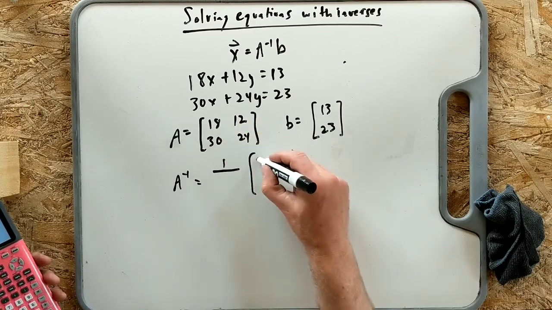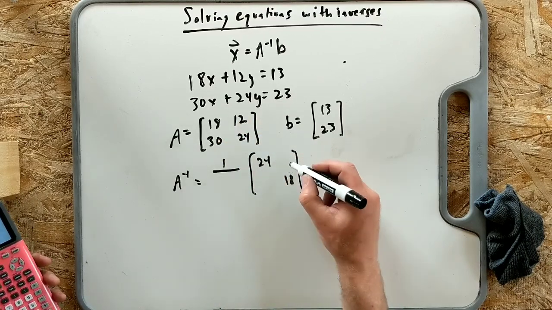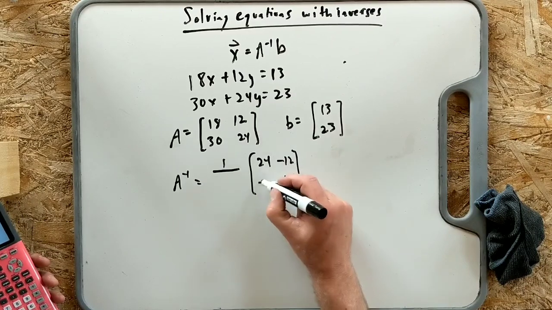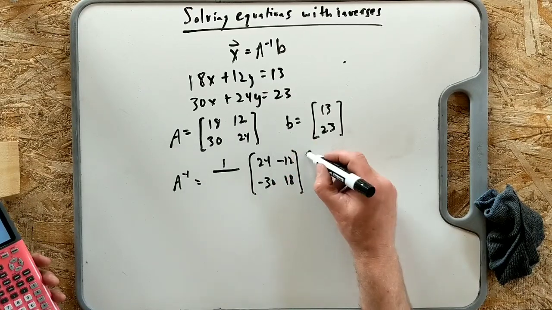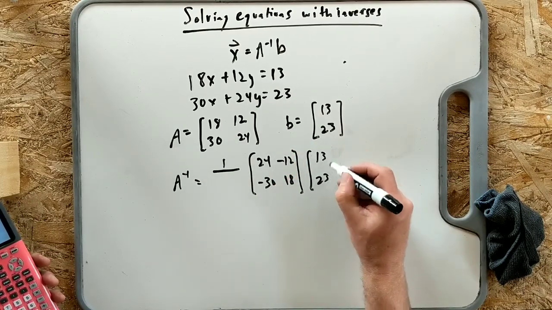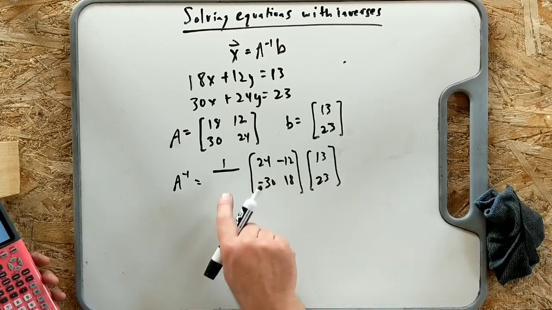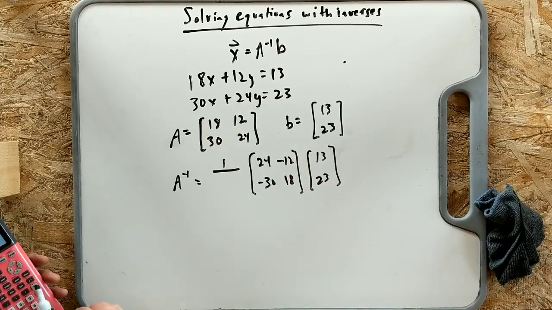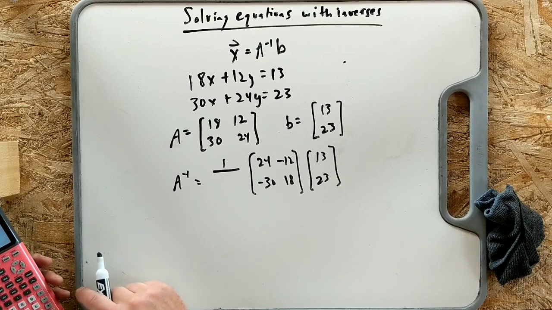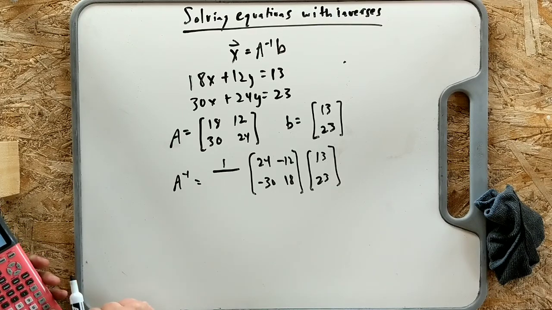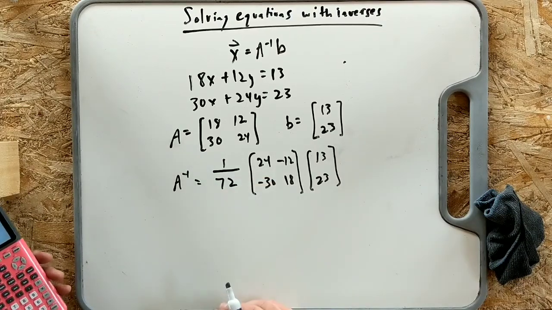Flip these over. It's 24 and 18. Those are both negative. Ugly, as I said. We're going to multiply by 13 and 23. And then in the front, I get 18 times 24. I'm going to use a calculator for that. Minus 12 times 30, which is 72. That really doesn't look like it's going to work out.